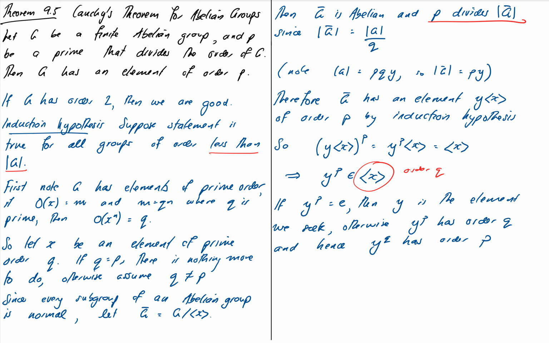Alright, why does that work? Well, we know that y to the q to the p is the identity. Therefore, p is equal to k times the order of y to the q, and k equals 1 is the only possibility.